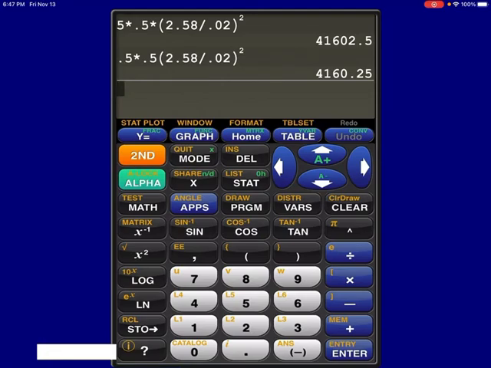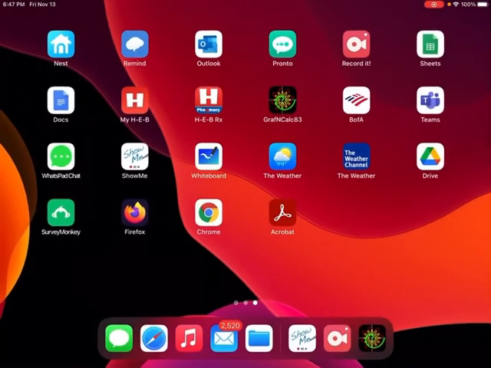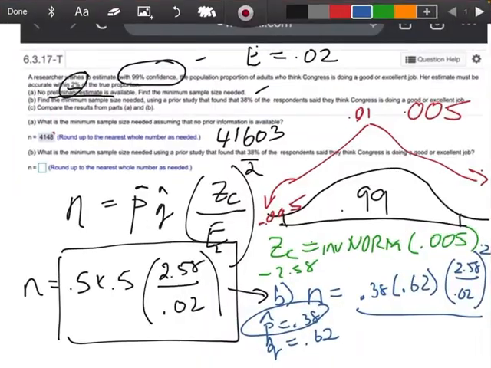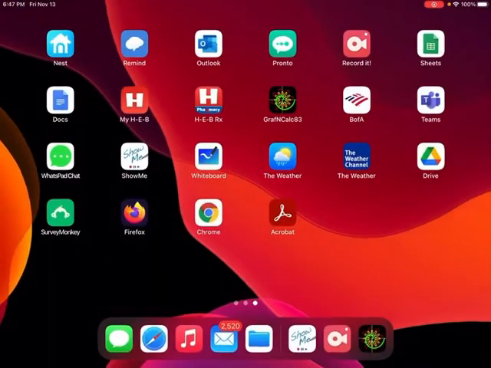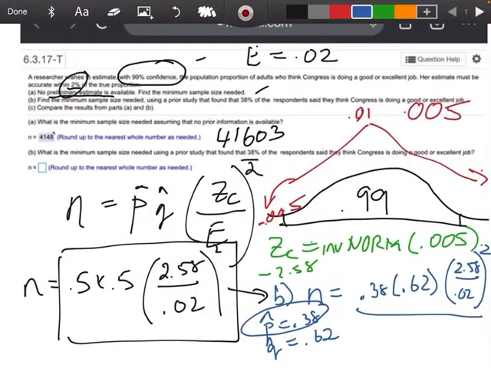So 4160. I went back and lost it already. I would say 4161. Usually it tells me to round up to the nearest whole number. So let me erase this, and for part A, 4161.